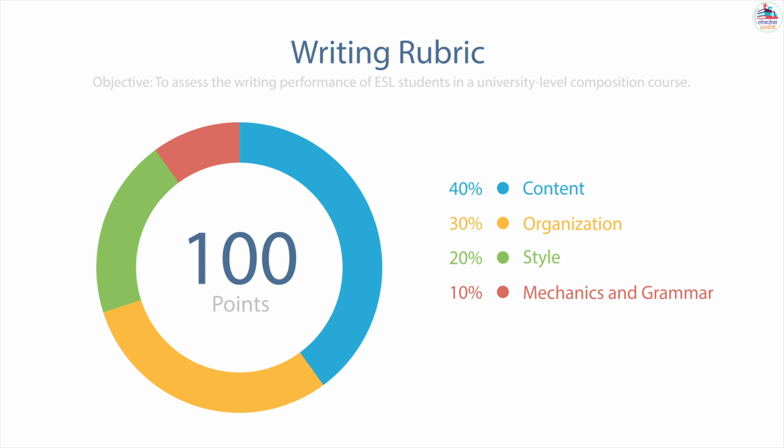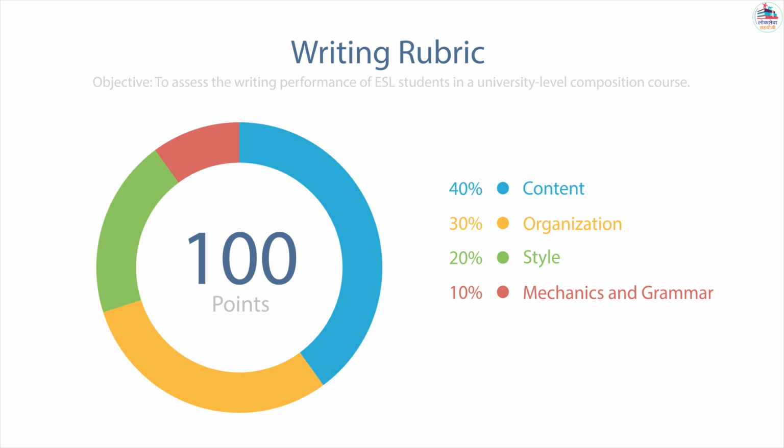Similarly, in terms of writing, mechanics and grammar, teachers can make 10 points, because the remaining criteria contain content 40 points, organization 30 points, style 20 points. That means 80 points have already been allocated. The remaining 10 points should go to mechanics and grammar.